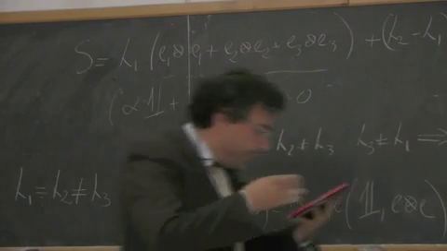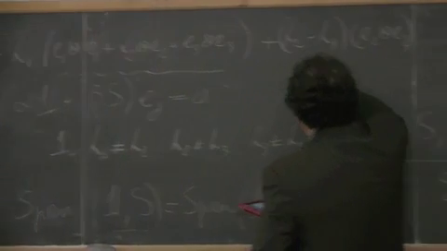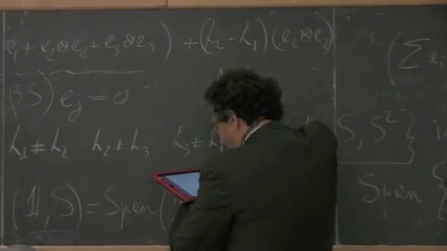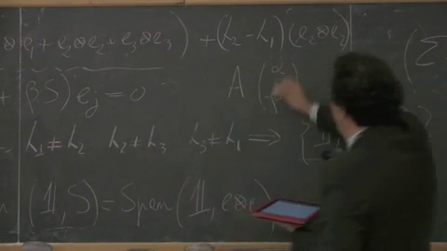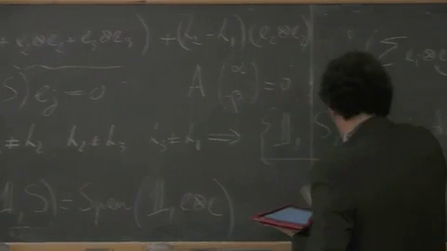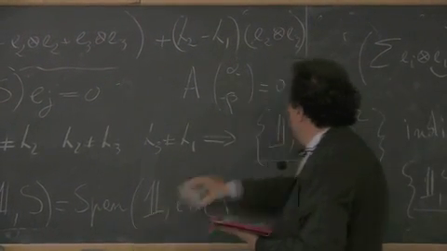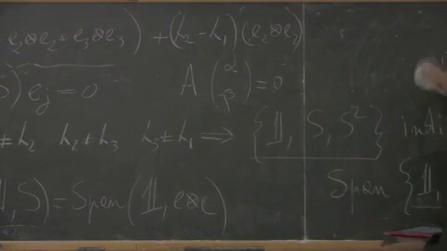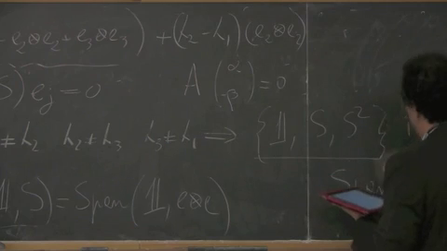So with few calculations I can skip, you discover that you have a matrix A which applied to the vector alpha beta is equal to 0, and this matrix A is this one.